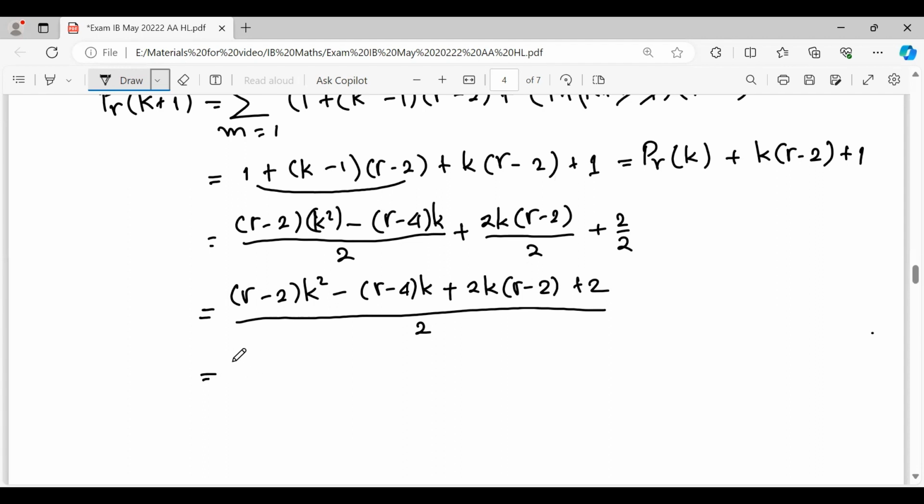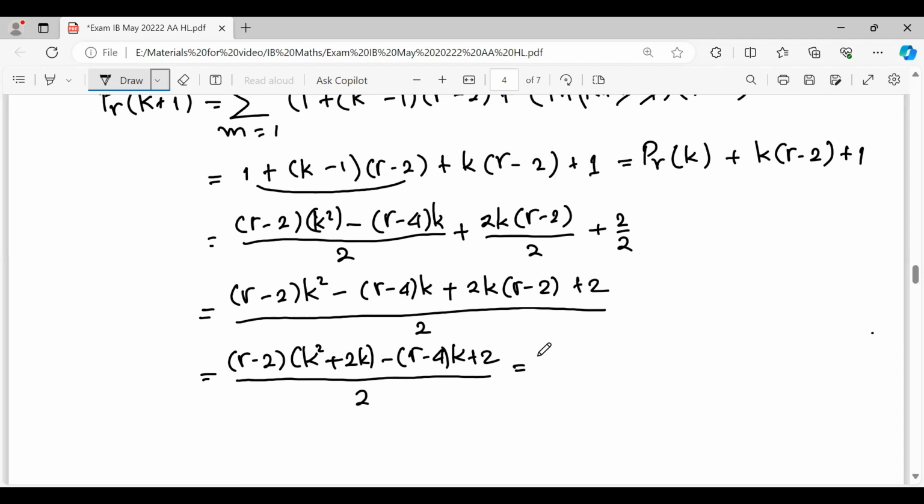And after that we factorize, (r minus 2) times k squared plus 2k minus (r minus 4)k plus 2, over 2.